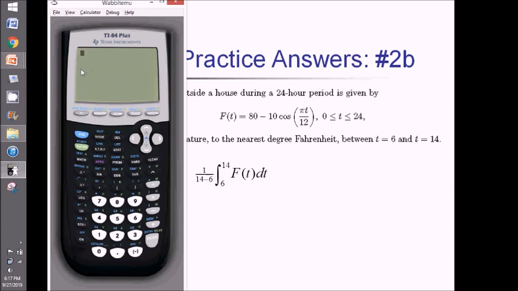So let's see, I've got alpha y equals, to get my fancy fraction here, 1 over, and I know 14 minus 6 is 8, but I'm just going to put it in there anyway because, hey, why take chances when I can just use the calculator? We're going from 6 to 14 on my integral, which I got with Math 9, and then alpha trace to get y1 in there, and then let me do dx over here. And they wanted the nearest degree, so that's going to be 87 degrees Fahrenheit.